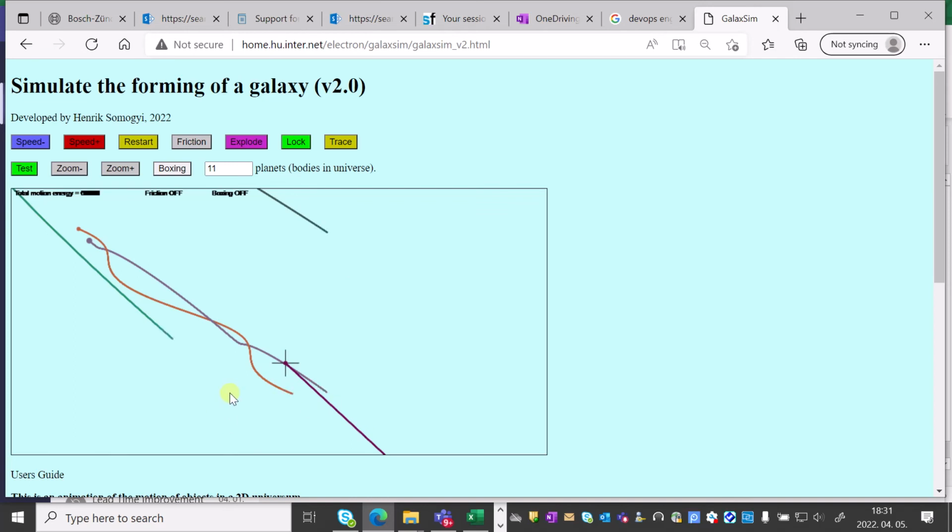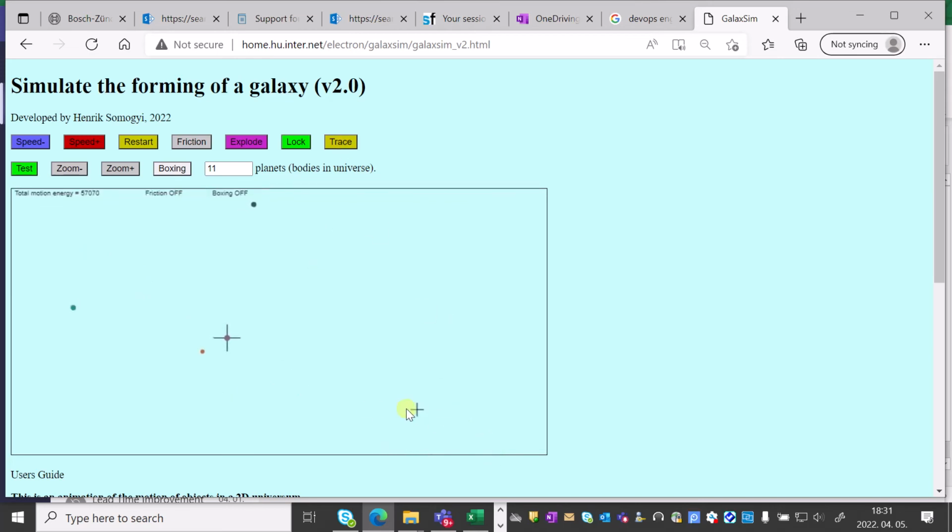Yeah, the one who is farther is pulled to accelerate. The one in the front is braked to retard. And now they swap the position. So this is really an orbiting. Here we go, these two.